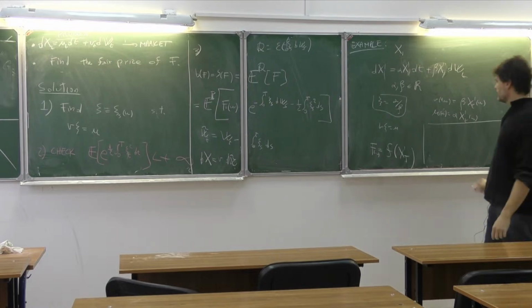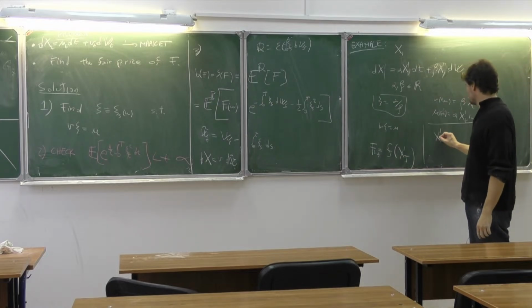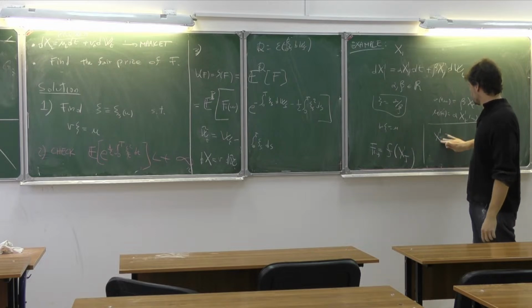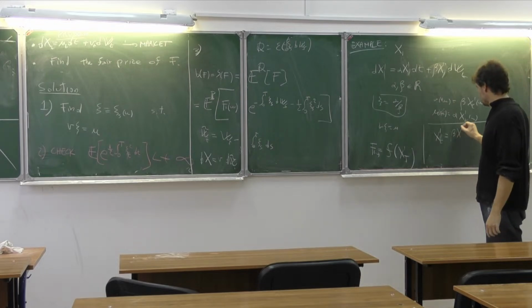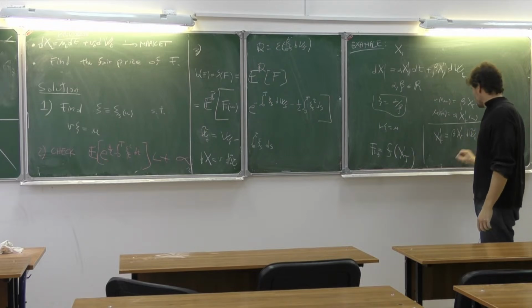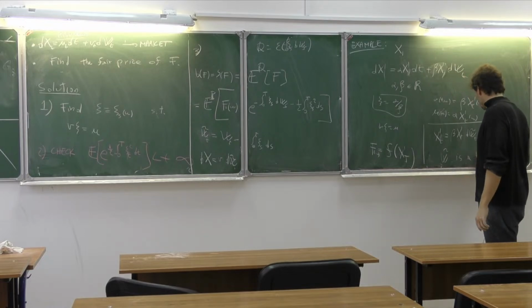Now x1 at time t is just beta x1t dWt, where Wt is a Brownian motion.